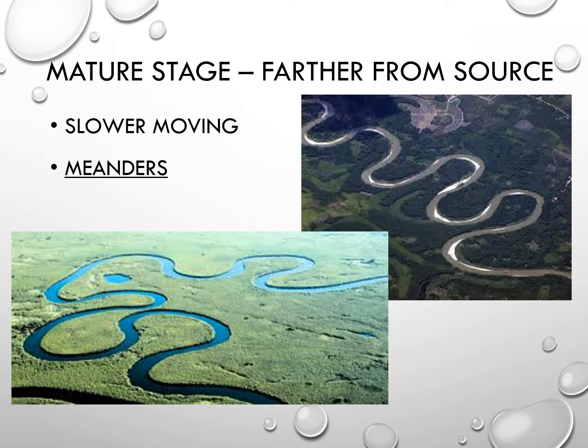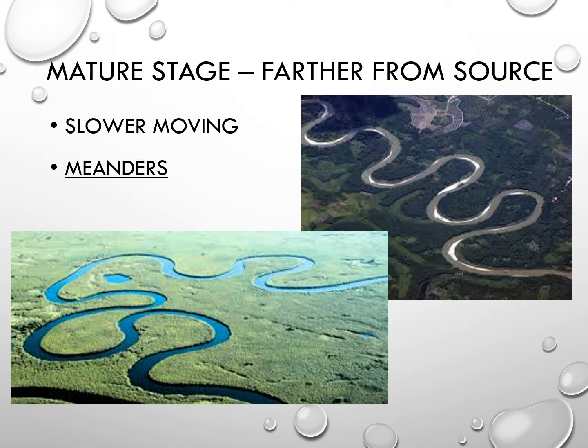Then you get to the mature stage, and this is farther from the source. The land is going to be more flat, so the water is going to slow down. And what's going to end up happening is the river is going to want to take the path of least resistance, if you want to think about it that way. And the river is going to start to form curves, and these curves are called meanders.